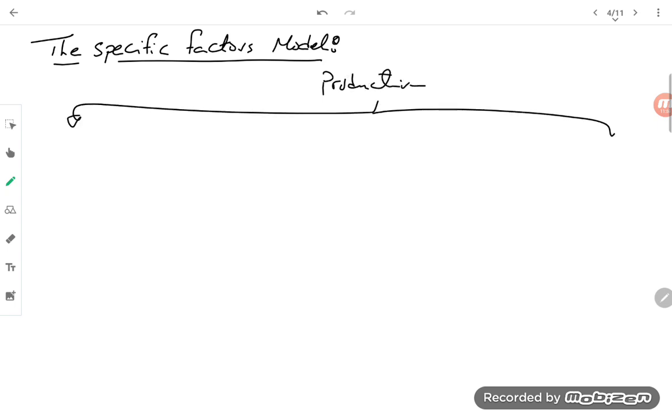So here we have to differentiate between production in the short run and in the long run. As we said, in the short run, factors of production have limited ability to move.